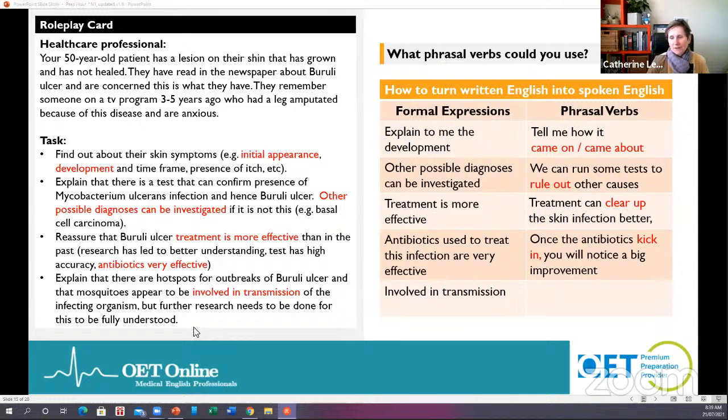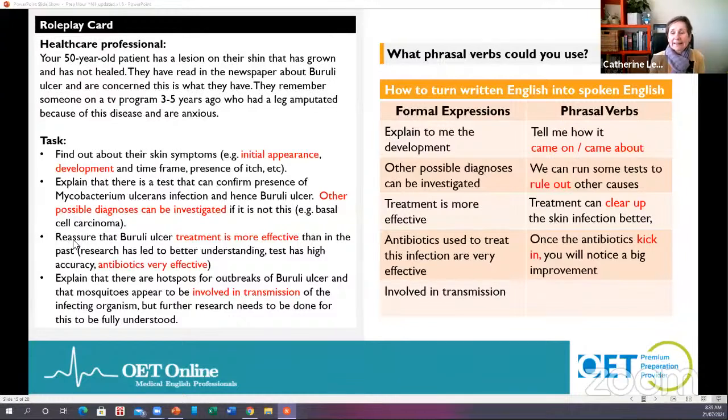Can you think of a phrasal verb that we use when we talk about transmission? Perhaps we've looked at transmission on the previous slide. So maybe I mentioned a phrasal verb there already. Can you think what you could use here?